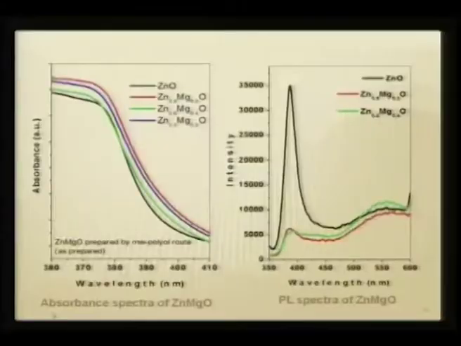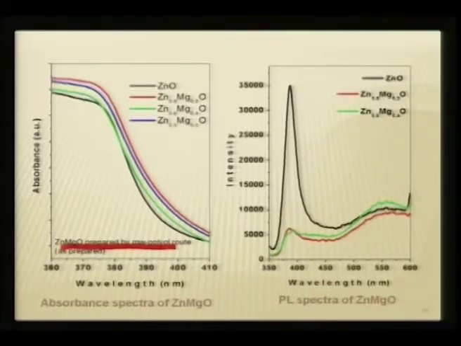If you try to probe more into the properties, look at the absorption spectra, absorbance versus wavelength, for the zinc oxide prepared by microwave polyol route. If you take the as prepared sample, here is your zinc oxide, which is the black curve, and the magnesium doped ones are here, and you could see here for 40-50%, instead of the absorption value going down, you see the trend that it is going up. What does that mean?